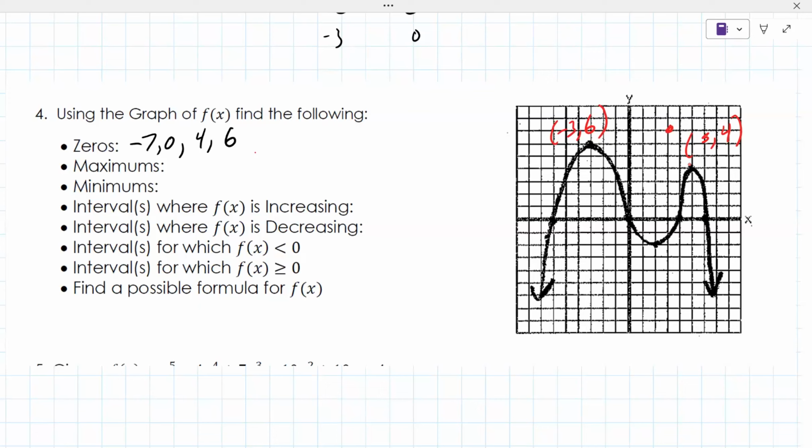And then the minimums would be 2, -2. Okay.